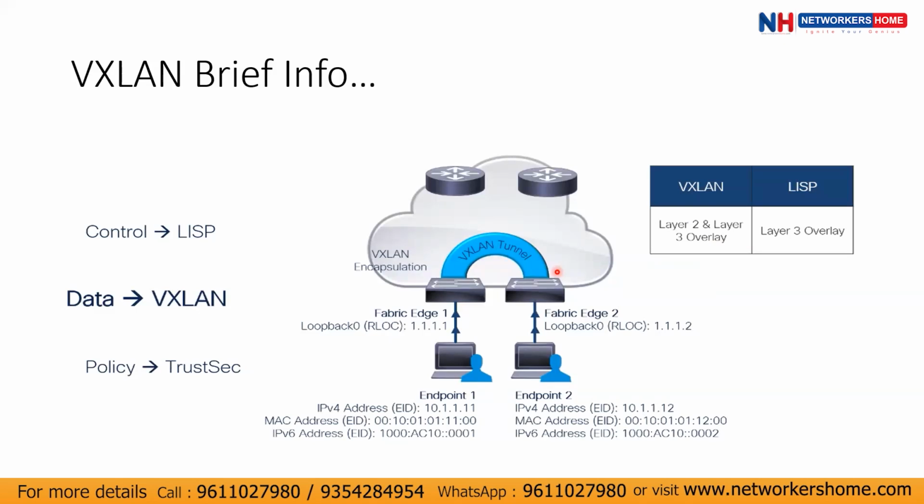So in SDA, many customers use broadcast or layer 2 flooding type of concepts, where some endpoints need to be connected in a layer 2 broadcast way or multicast way, right? In that type of scenario, VXLAN will be used to carry that type of traffic.